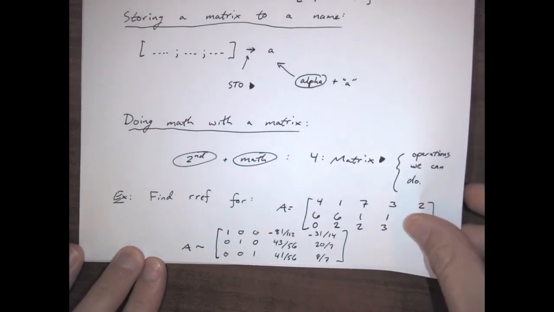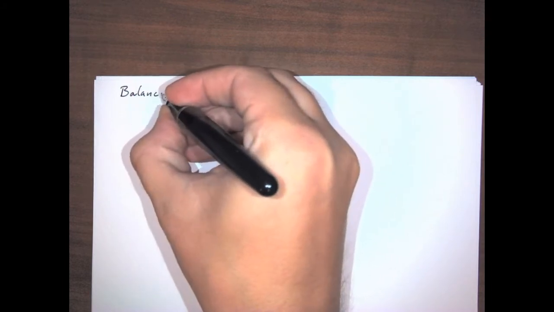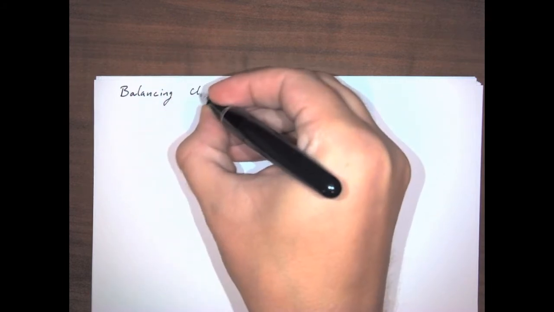Now let's look at one application of a way we can make use of the reduced or echelon form of a matrix to match a certain circumstance in the real world. So here's a case from the world of chemistry, and it has to do with balancing chemical equations.